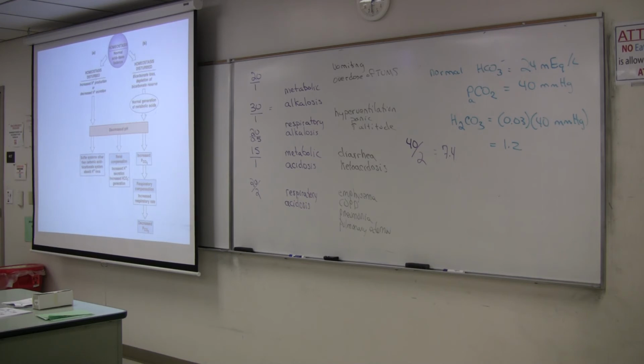Obviously, it's partial compensation because the 0.9 is not normal. We're starting to change. Which one's changed the most? The 15, decreased by 25%. That's the metabolic cost. So you're starting to see compensation. We've lost bicarbonate ions, so now we're starting to lose the CO2 to compensate.